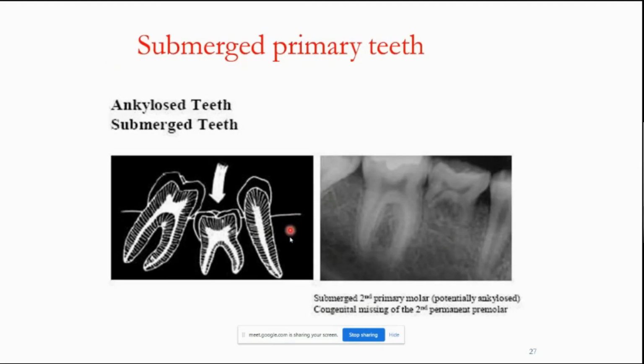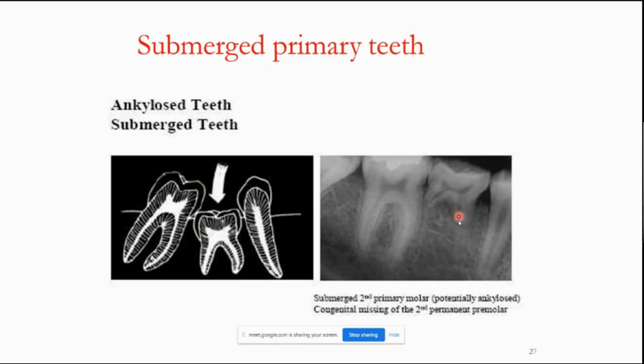Sometimes what happens is that the tooth gets attached or fused to the bone. That is called an ankylosed tooth. Because of that, the tooth cannot erupt into the oral cavity, and the occlusal surface of this tooth is lower compared to the occlusal surface of its adjacent or neighboring teeth.